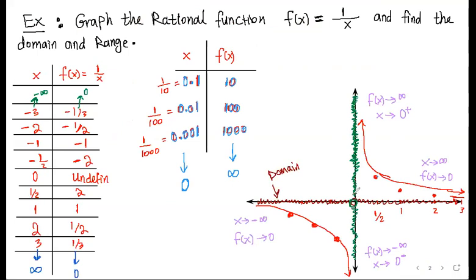Everything except 0. What's the range? Everything except 0. And we have to know when the function becomes larger, the function gives me values small, close to 0. Same thing from this side. Same thing here, when the function goes to infinity, the x value will be close to 0 on the positive side.